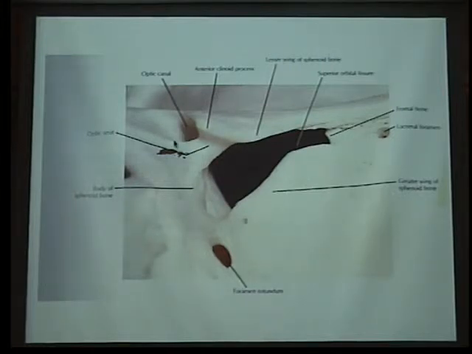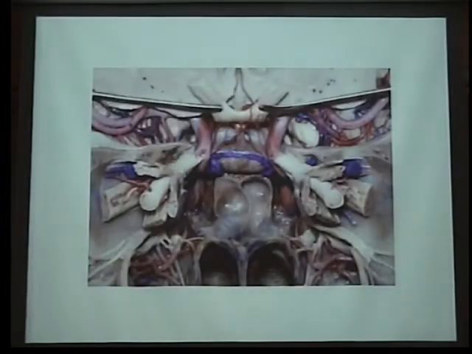Okay? So when we're drilling here, the carotid is below us, and the optic nerve is medial to us, and the cranial nerves of the superior orbital fissure are below us. That means you're working in this triangle. The nerve that's closest to the optic strut, closest to the carotid, is the third nerve. So when you're drilling the anterior clinoid, and when you come deeper this way, it's the third nerve that you have to worry about the most.